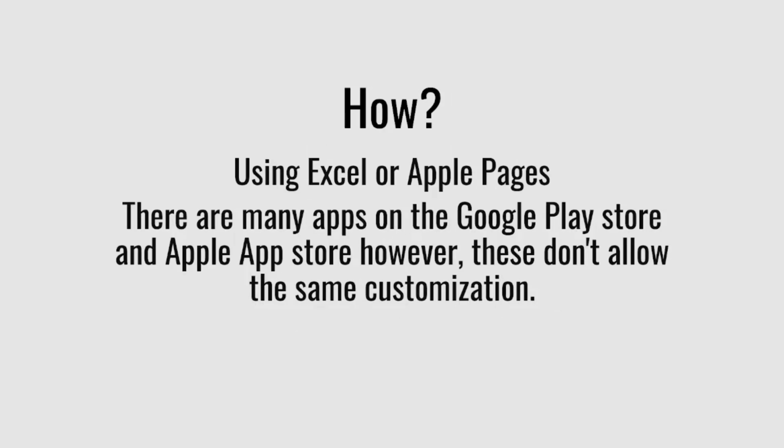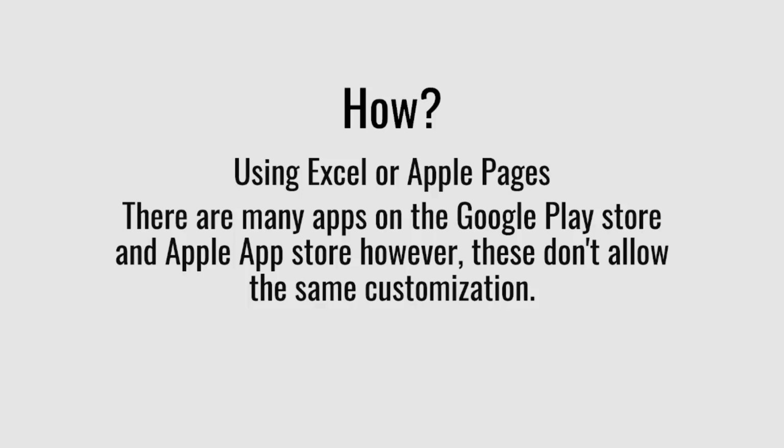Okay, so how? There are many apps on the Google Play Store and the Apple App Store. There's plenty of them. They do budgeting, portfolio trackers, dividend trackers. There's lots on there. However, I feel that I don't get enough out of these. They're not customizable.